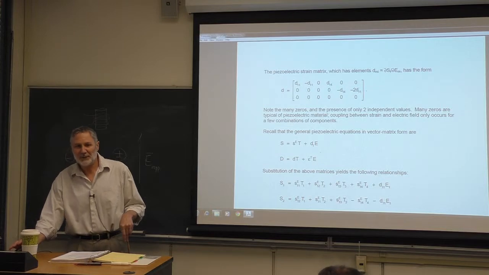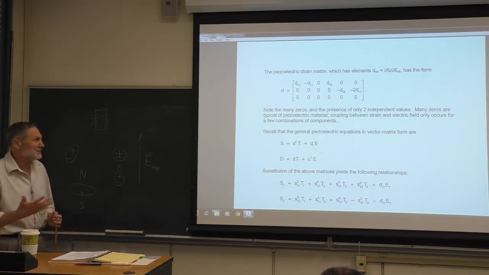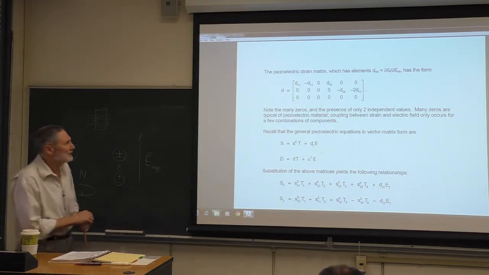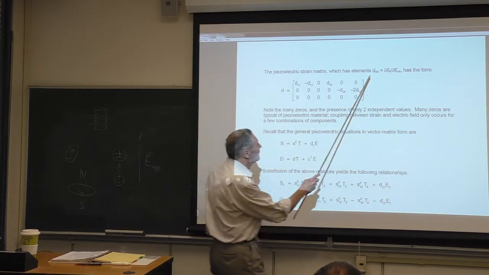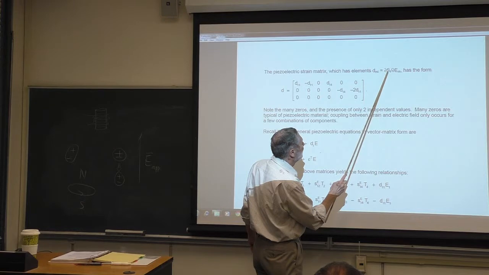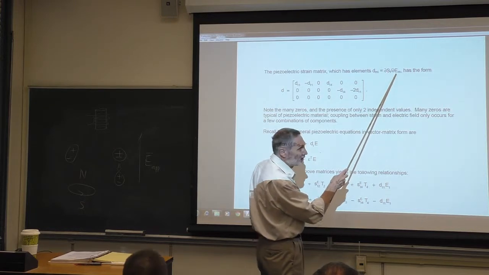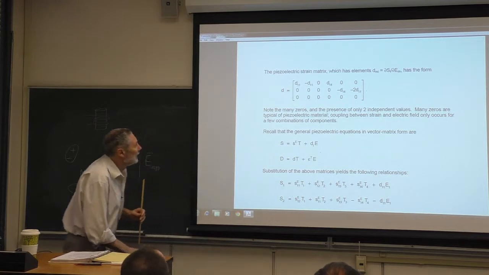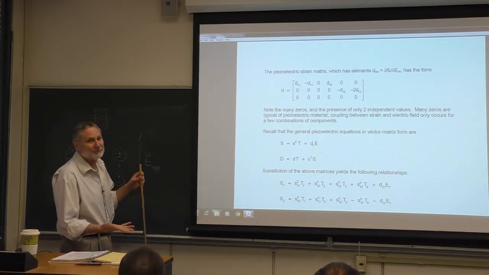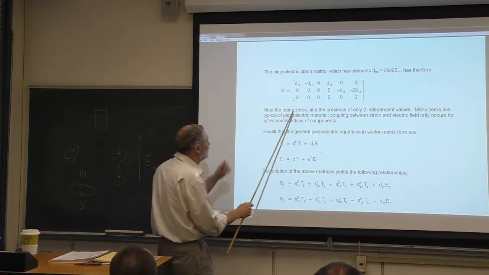All right. So what about the piezoelectric strain matrix? Okay, this is the coupling, right, between the mechanical and the electrical. Remember, it's how the change in strain is due to the change in electric field. And you remember, it's not a square matrix, right? So here it is, 3 by 6.